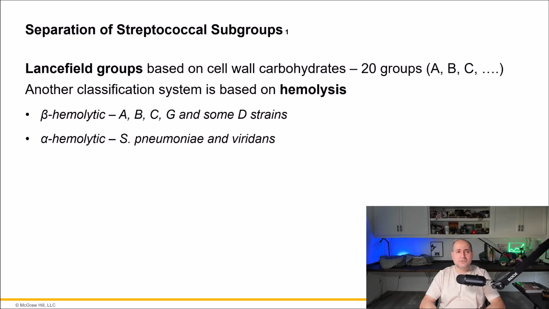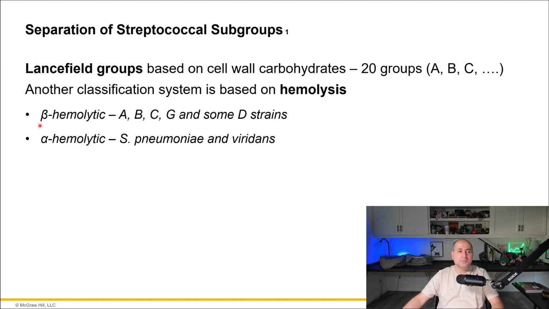You can also classify these Streptococci based on their hemolysis, right? Do they do alpha hemolysis, beta hemolysis, gamma hemolysis? What type of hemolysis do they do? Though most of them do a form of hemolysis. Look here, groups A, B, C, G, and some D strains are beta hemolytic.